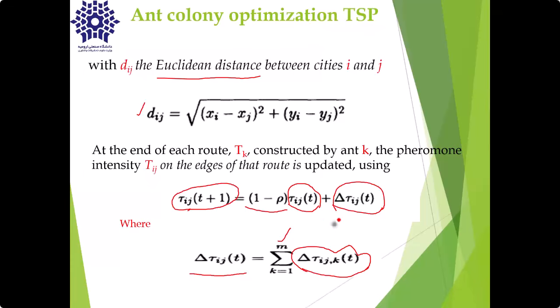So in this way, we increase the amount of tau between city I and city J. Also, there is another parameter, 1 minus rho. Maybe you can think about it. What is rho or 1 minus rho? For a moment, think about it, then continue listening to the video.